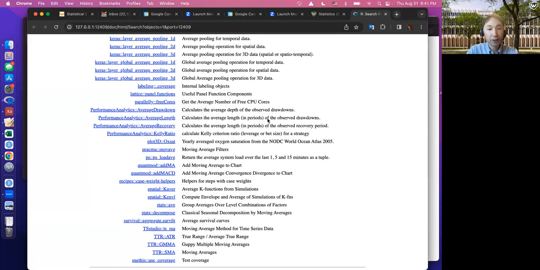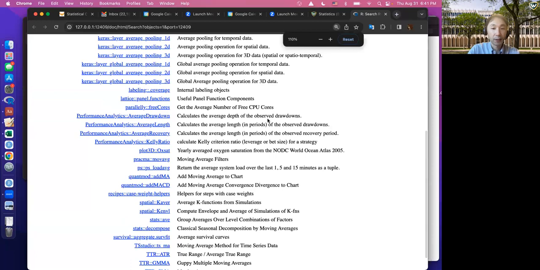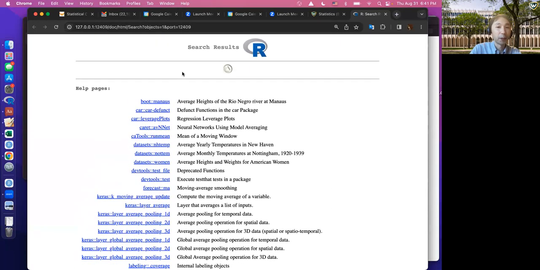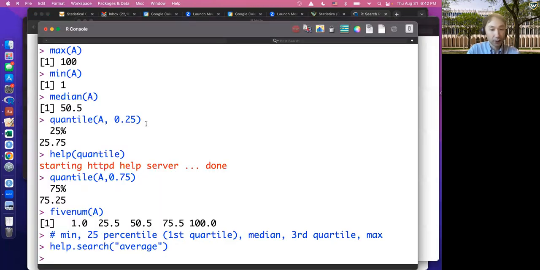The mean function calculates average, but it does not really return the mean function. So probably it's better to just use Google to see how to calculate the average of numbers. You can use Google keywords, or use the help function to identify the meaning of a function.